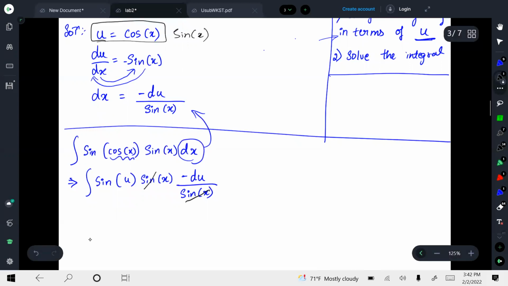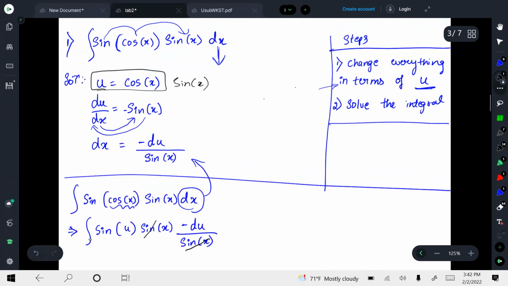So you have to choose u carefully. If you have a composite function, like sine of cos of x, or cos of x inside sine of x, then remember to choose the one which is inside, so that you can easily solve it.